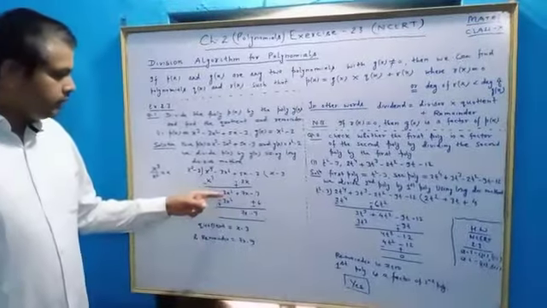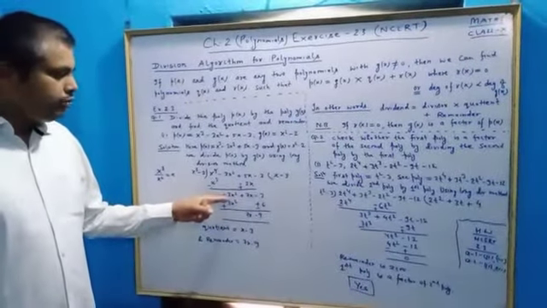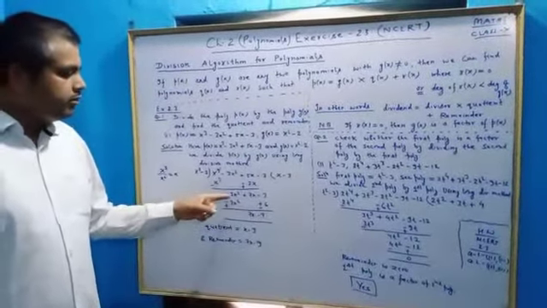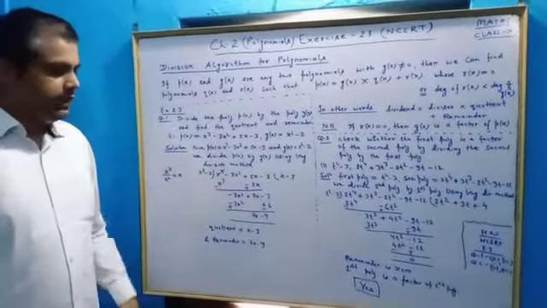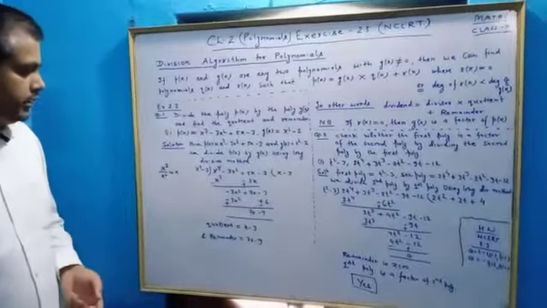Here we see that now this is also in decreasing order of degree. So let's start the division process again.